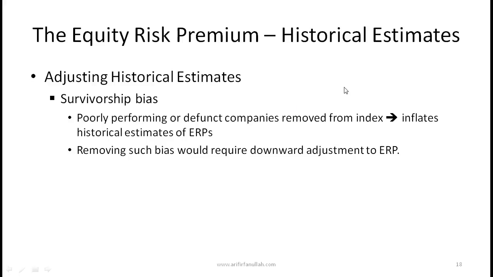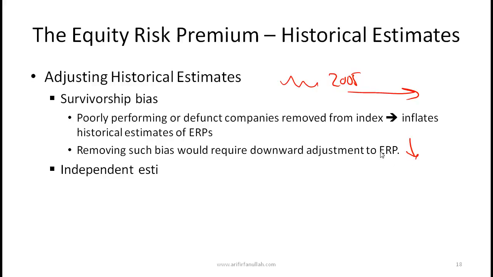So if you're looking from 2005 onwards, how has a given index performed? The fact is that a bunch of poor performing stocks have been removed from the index. So the index will have a survivorship bias, and hence the index return will be a little overstated. So it inflates the historical estimate. Removing such biases would require a downward adjustment of the equity risk premium.